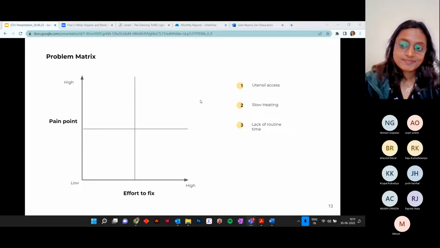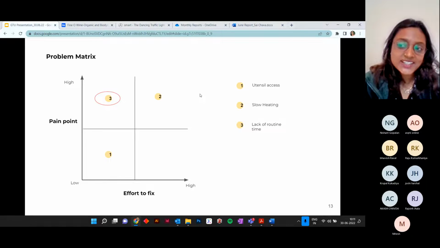Okay. All right. I will show you what I had placed in the quadrants. That is how I had placed it. Because as you said, slow heating can be fixed by change of coil, right?